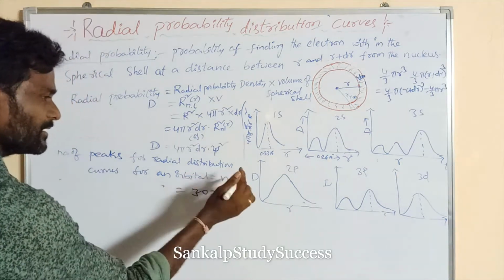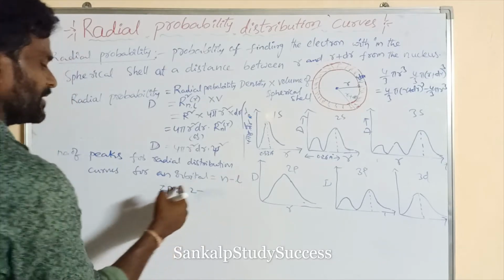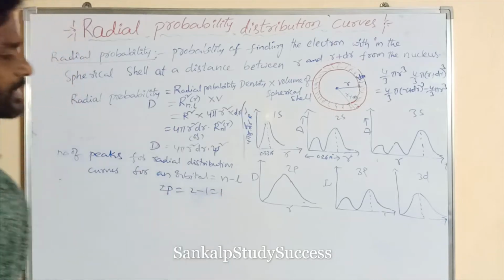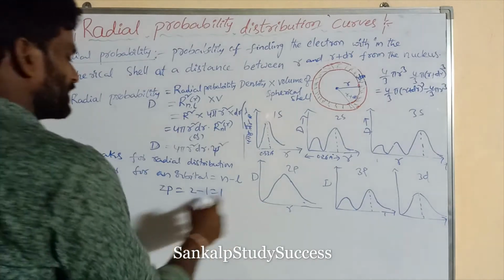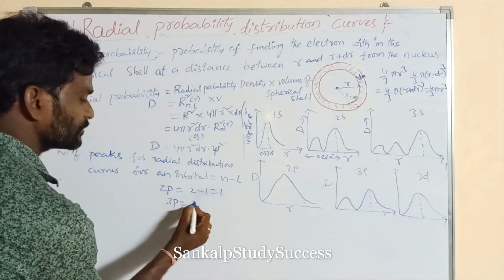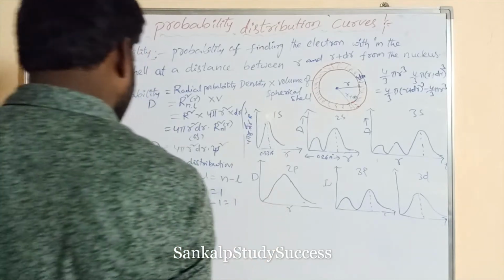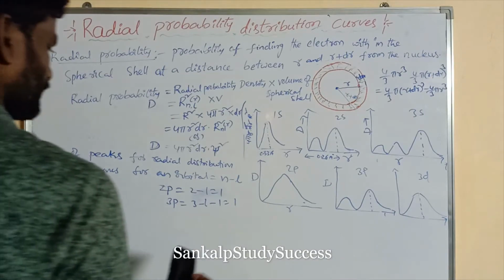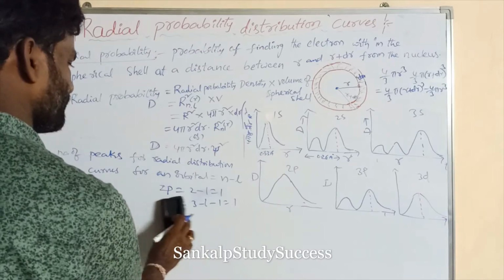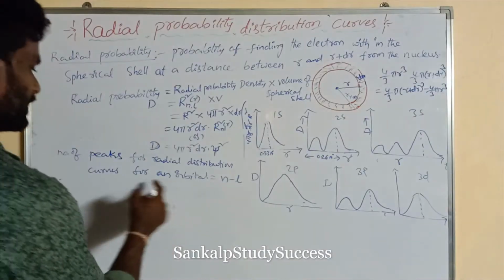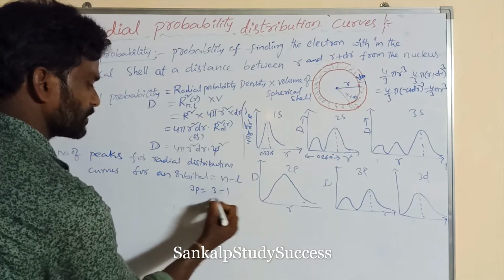Now if we take the 2p orbital, what is its n value? 2. What is its l value? 1. 2 minus 1 is equal to 1. So for the 2p orbital, 1 peak is present. For the 3p orbital, similarly, n minus l is 3 minus 1, which means 2.